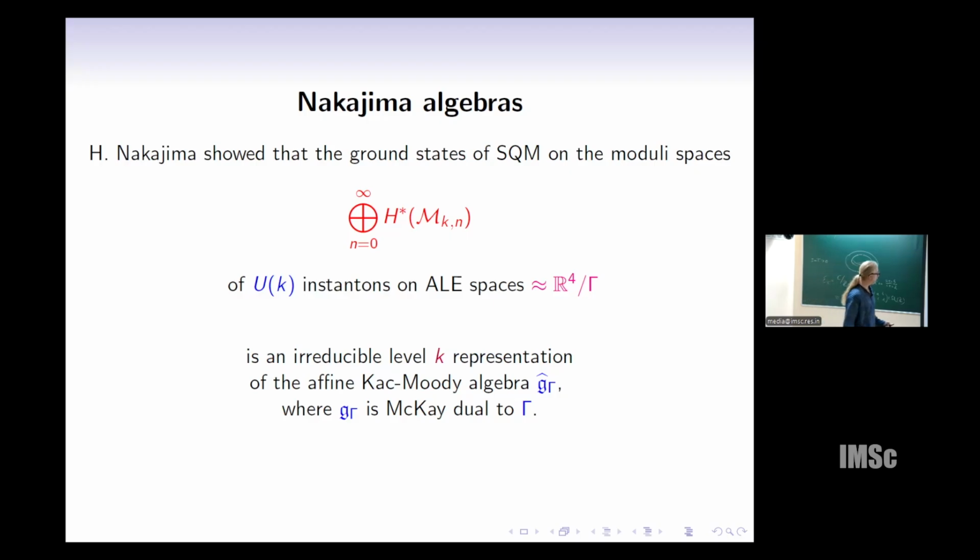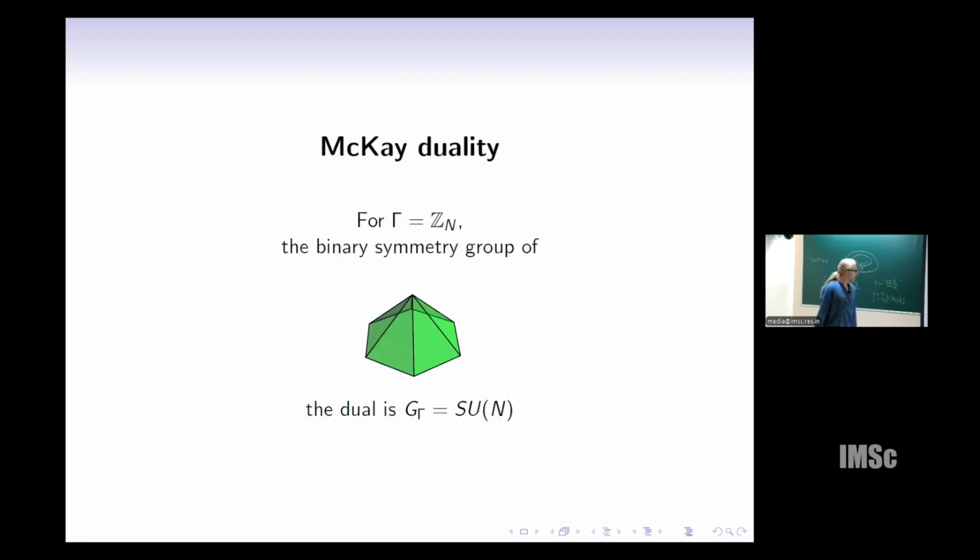And so he used the duality, which is called McKay duality, between the finite subgroups of SU(2) and simple Lie groups, the so-called ADE classification.